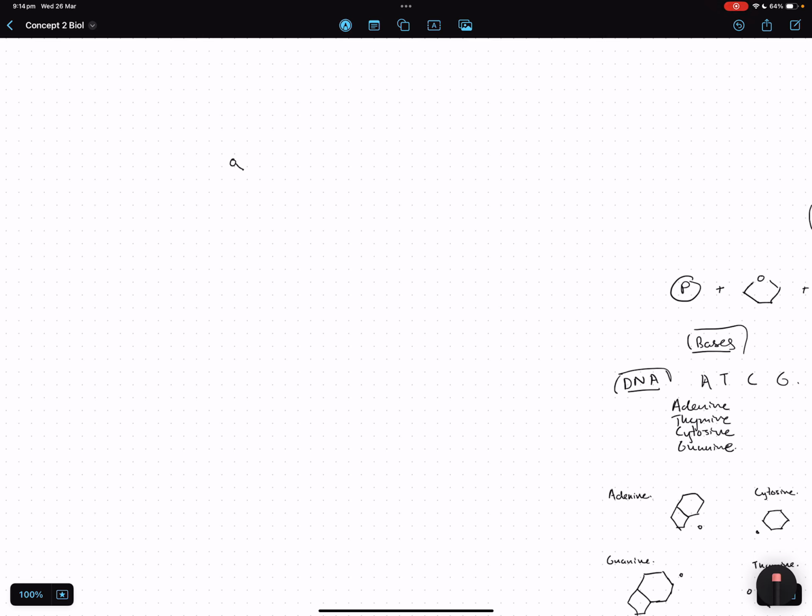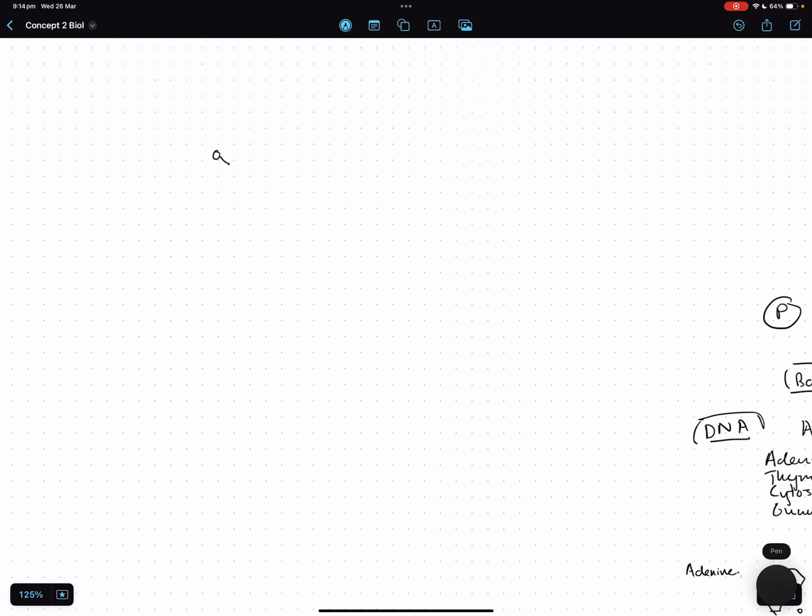Let me draw this properly. And this phosphorus links to another sugar further down. This links to a top bit of the sugar. Ah, sorry, there's one little thing that I'm missing here.